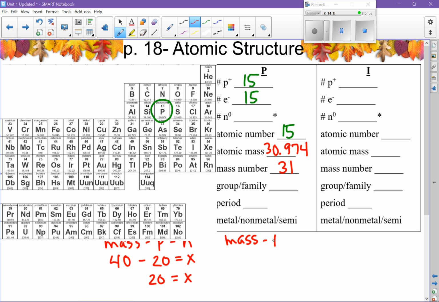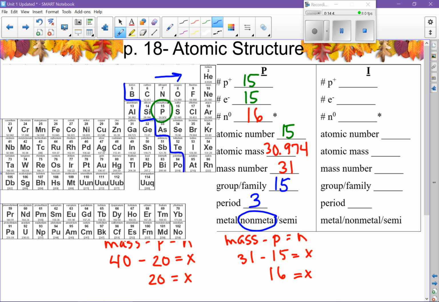If I do mass minus protons equals neutrons, 31 minus 15 equals x, x equals 16. That's my number of neutrons. The group, family, if I count over, that is column 15, period 3. And it is on the right-hand side of that zigzag line or staircase, which makes it a non-metal.